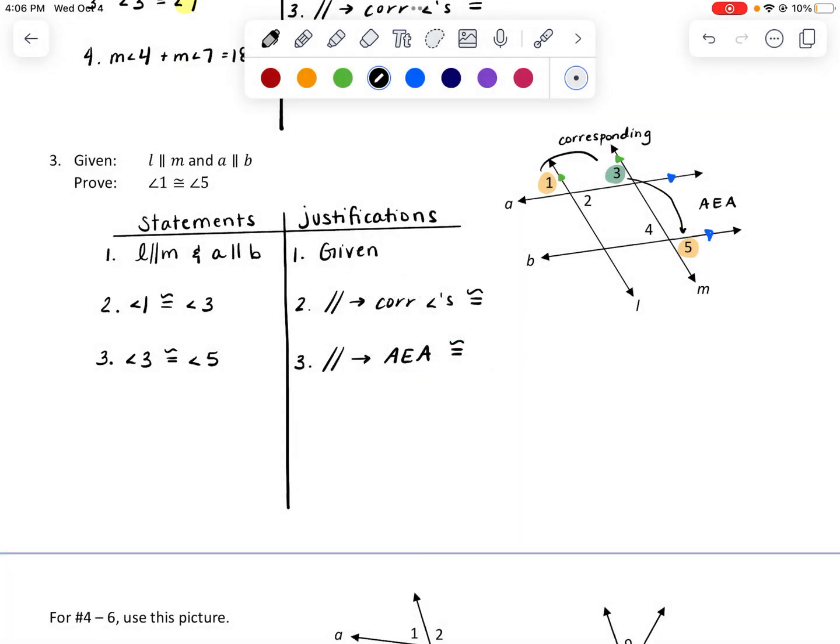So because 1 is congruent to 3 and 3 is congruent to 5, I can say that angle 1 is congruent to angle 5. And again, I could do substitution, but I'm going to go ahead and write the transitive property. Again, either one will work.